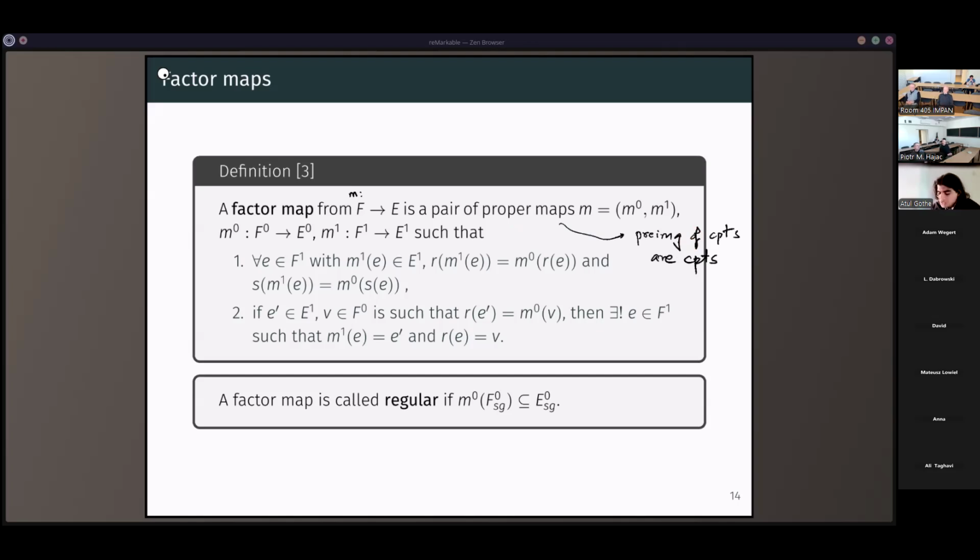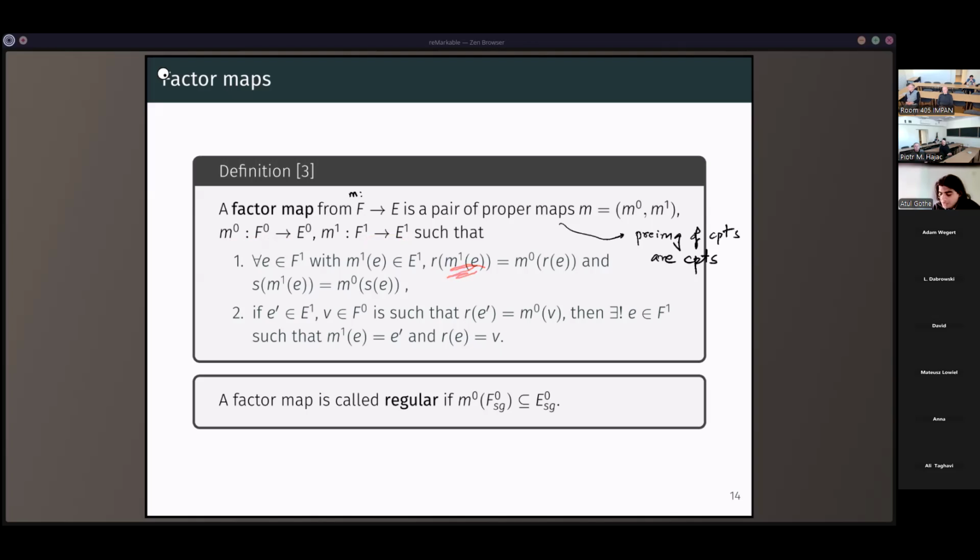So if E0 and E1 are discrete, then proper maps just mean finite to one. But for non-discrete, we can have more examples of proper maps, such that two conditions are satisfied. So M0 goes to vertices, M1 goes to edges, such that two conditions are satisfied. First of all, they have to behave well with the range and the source map.